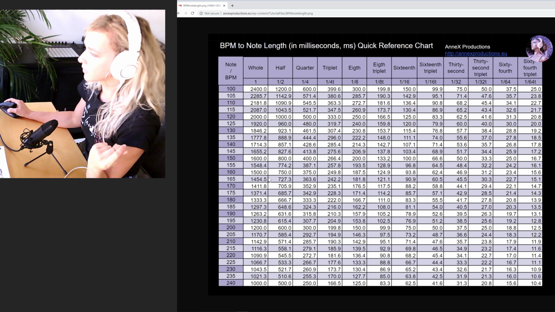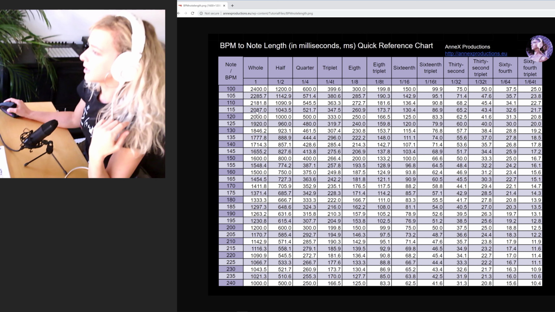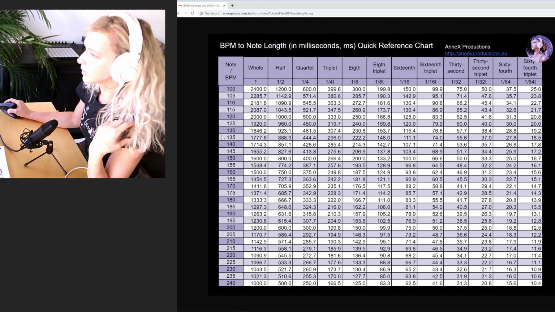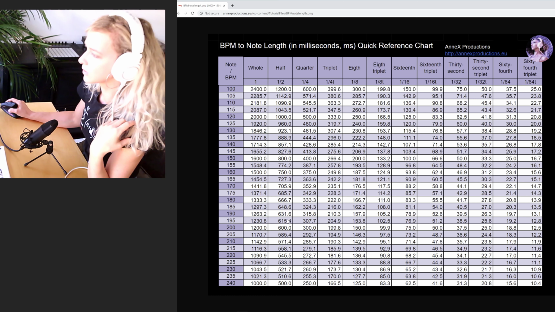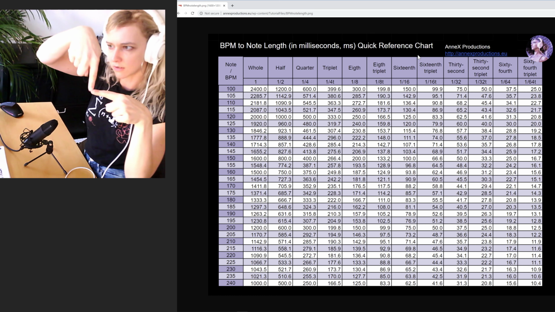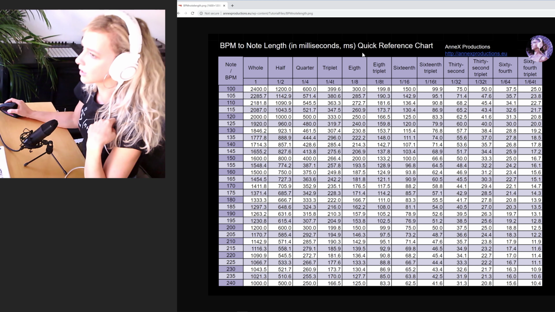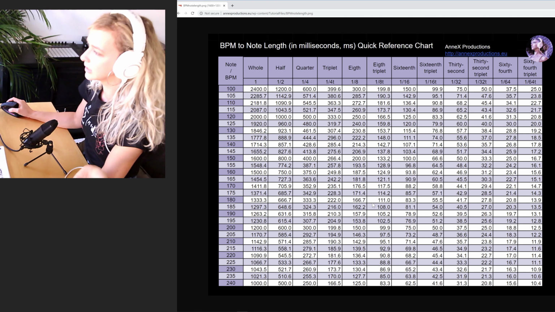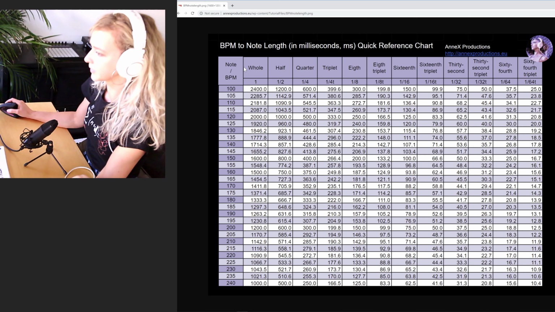So if we look at how to use that, it's in matrix form, which I like because you just find the BPM you have and find the note that you want, and then you find the coordinates of that. You find where that column intersects with that row, and then you have your milliseconds that makes this particular note at the particular tempo or BPM that you're working in.